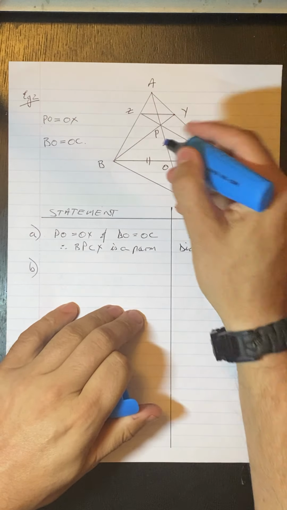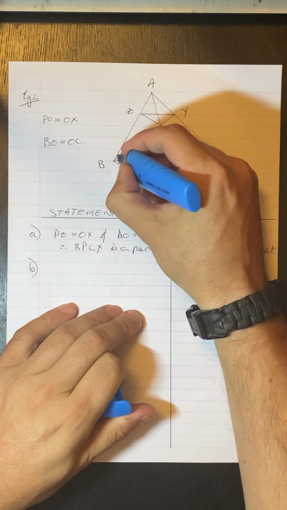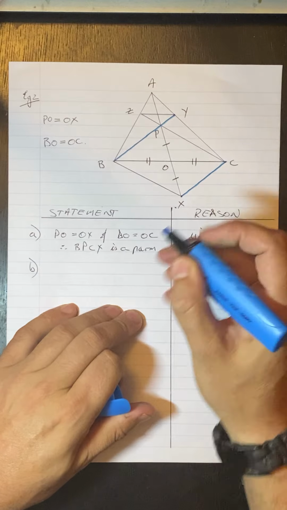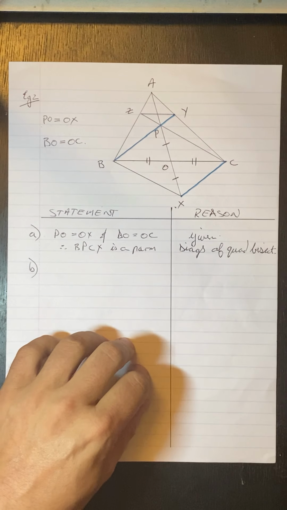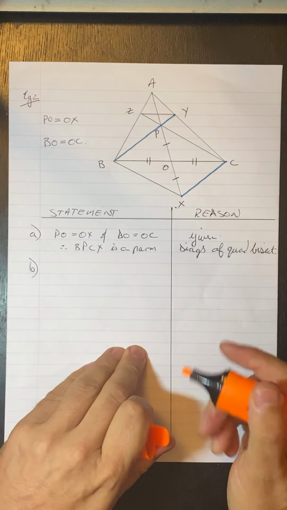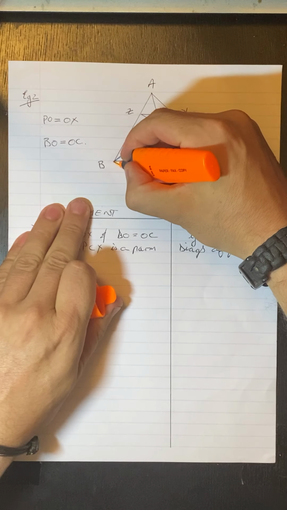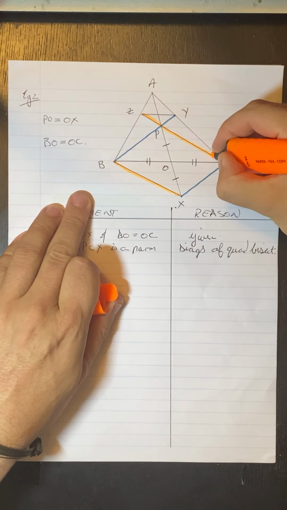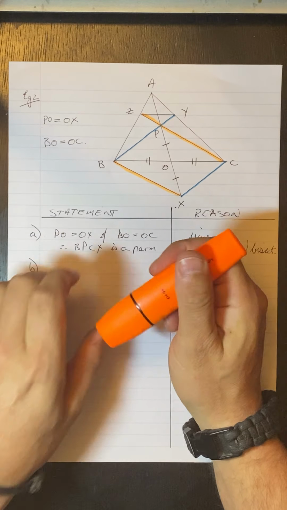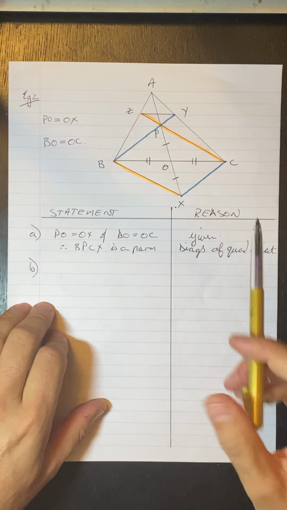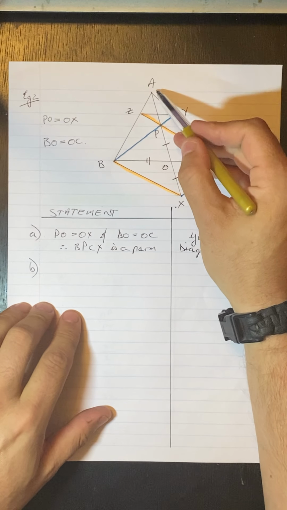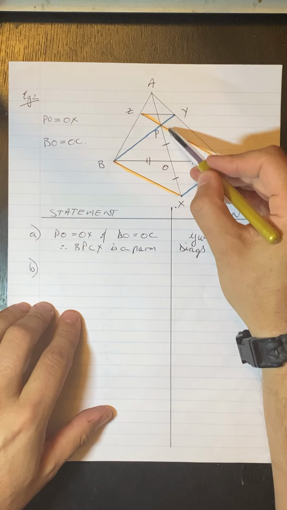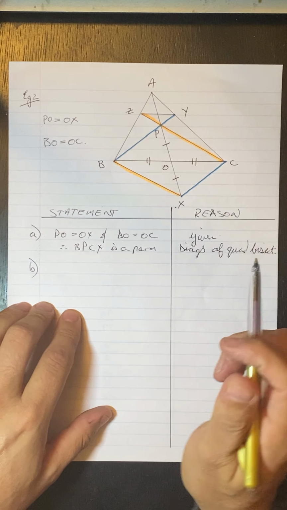We've just proved that. So basically this line over here will be parallel to that one. And this line will be parallel to that line. Now that makes it a little bit easier to see because we've got AZ, ZB, AP, PX. So we can use our orange lines.